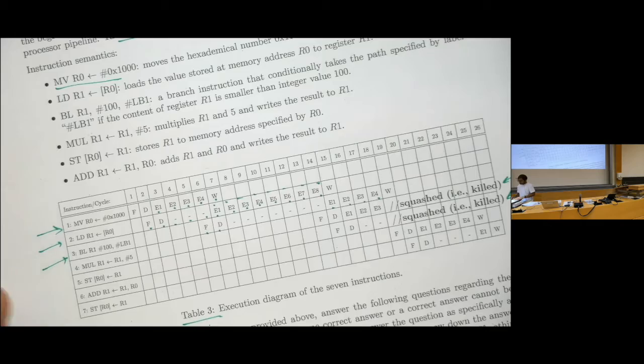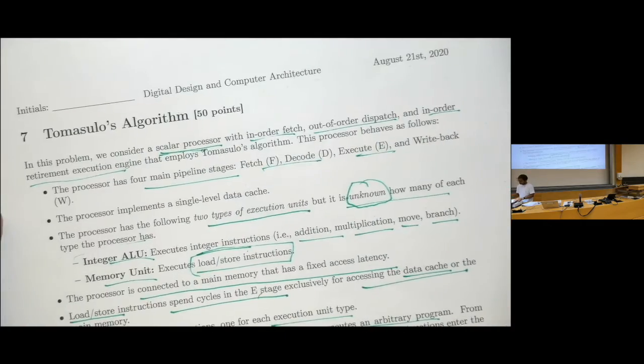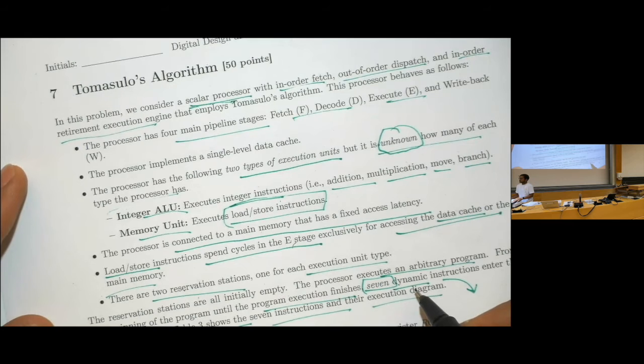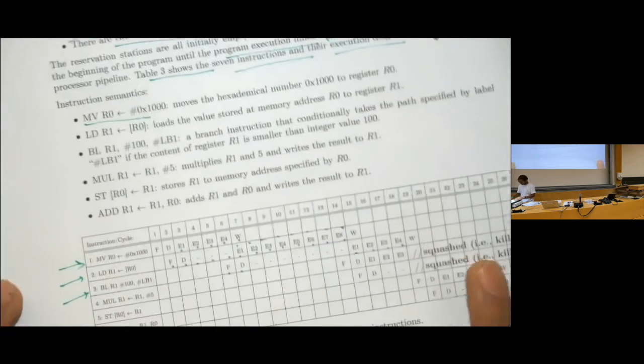Bringing you back to the instructions that were given in the question. Remember this word dynamic? Whenever you see dynamic, think of memory or branch predictors. It usually almost always means memory or branch predictors.